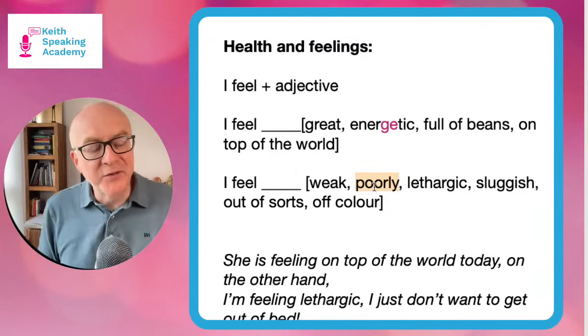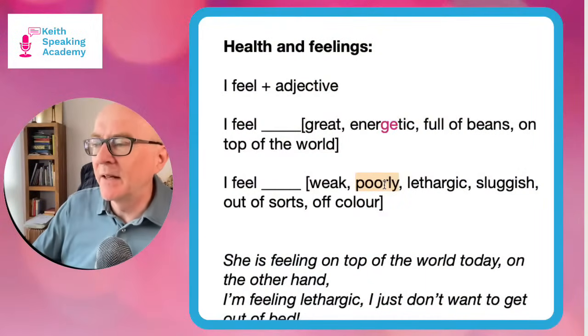So notice the difference, right? Poor means you're not rich. Poorly, an adjective, means you're sick. I feel poor. I've got no money. I feel poorly. I feel sick. Nice. I feel weak. I feel poorly.